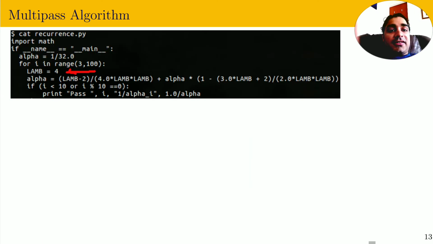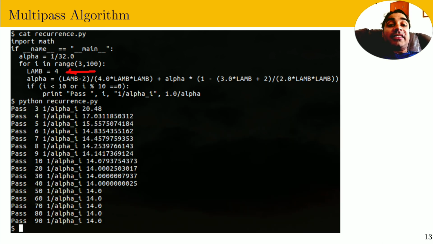What I did was just plot this in a program. So if you see the fourth line, alpha is equal to 1 by 32 after the second pass, and for i in range 3 to 100, which means we want to compute the recurrence from pass 3 onwards, and we use lambda equal to 4, which we found to be a good lambda earlier, and this alpha is just the recurrence that I showed on the last slide.